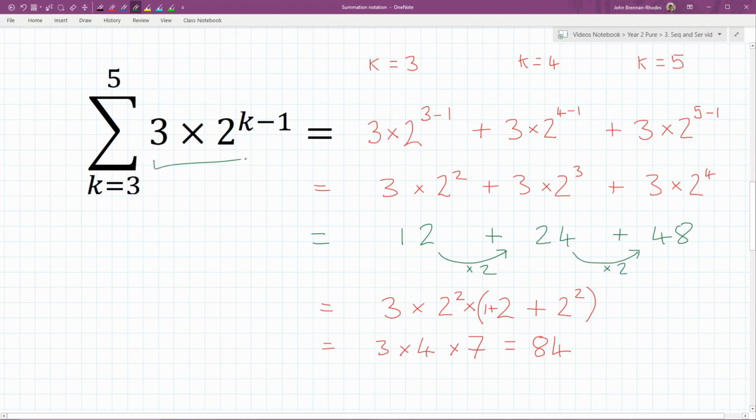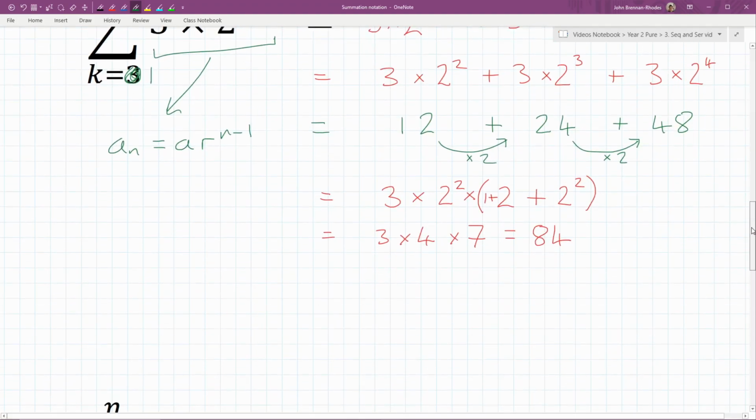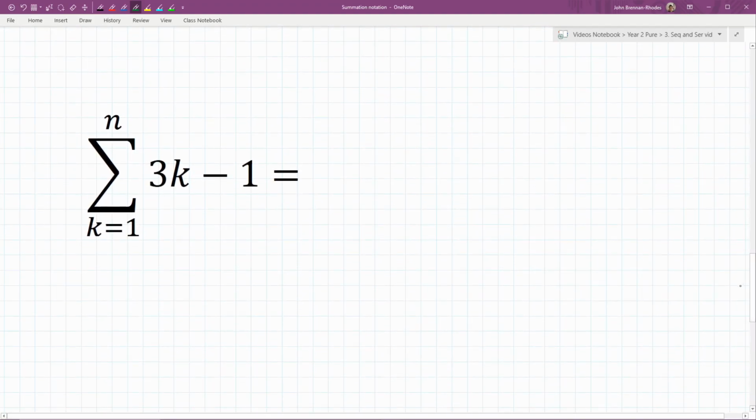And indeed, this does look like the nth term of a geometric sequence, which is ar to the n minus 1. And in fact, if we had started here at 1, then we would have got a as being the first term in the right way that we would be expecting. So again, this is the nth term of a geometric sequence, which leads us to summing up to n terms.